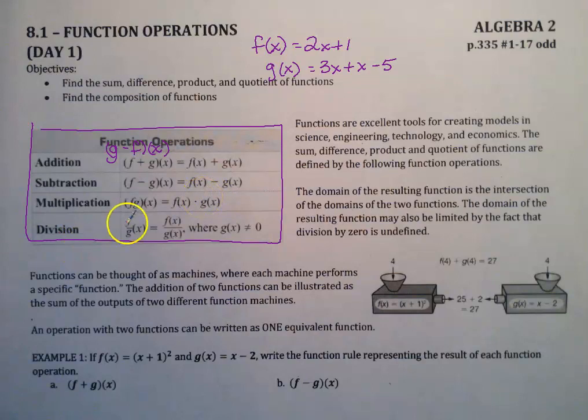And if it's division, f over g of x, then we're going to find the f of x divided by the g of x. But there also has to be this notation in a division problem, like x can't equal 0 in this case. So we're going to look at some of those.